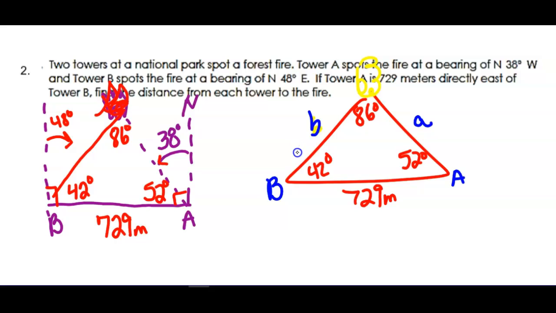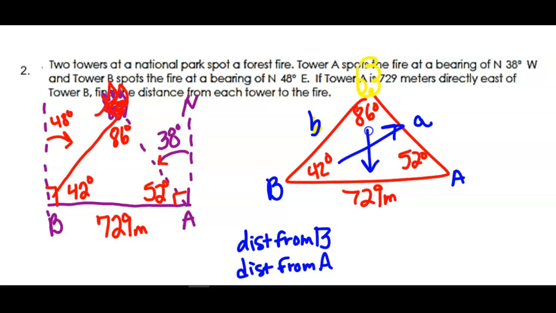So we have distance from B, and that would be little b, and distance from A, and that would be little a, the way I labeled it. But you're just going to do law of sines. You can find these, okay? I think I am done. You guys have 4 more questions on the back that are all multiple choice, and I think you got this.